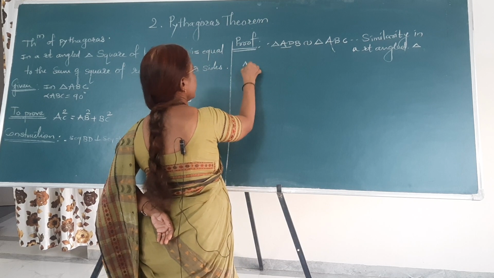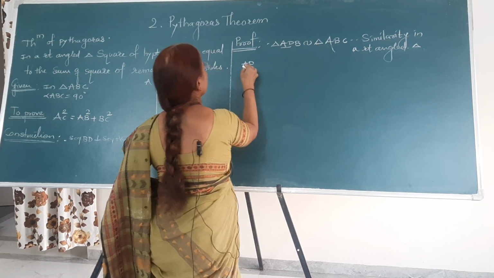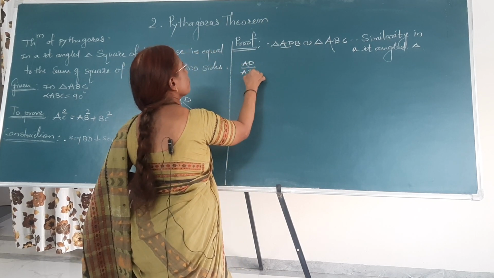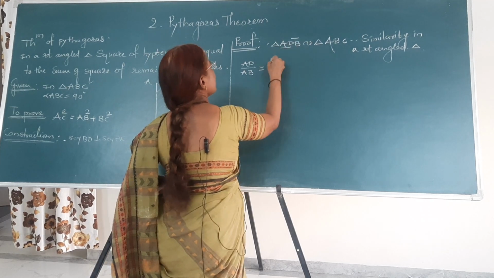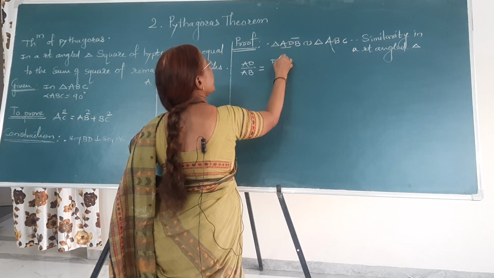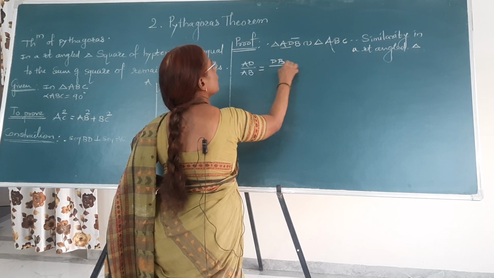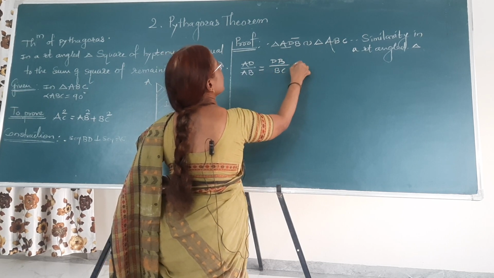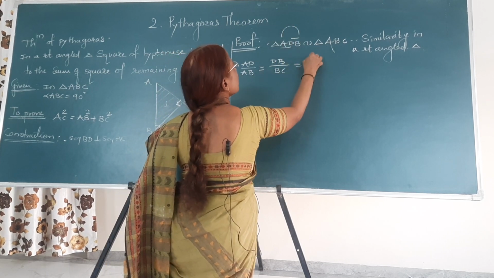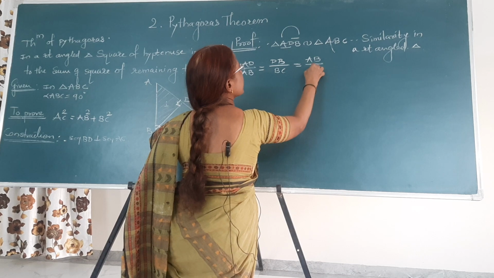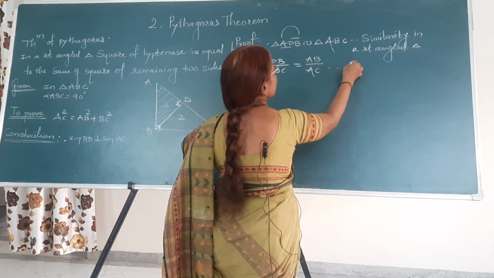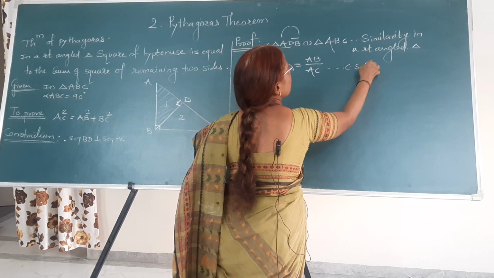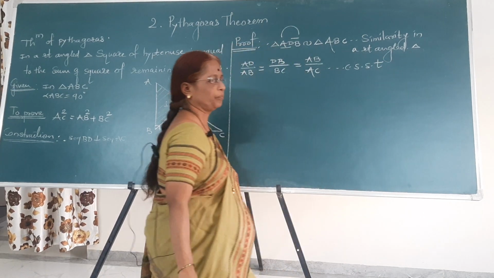See, AD upon AB, DB upon BC, that is equal to AB upon AC, and the support is corresponding sides of similar triangles.